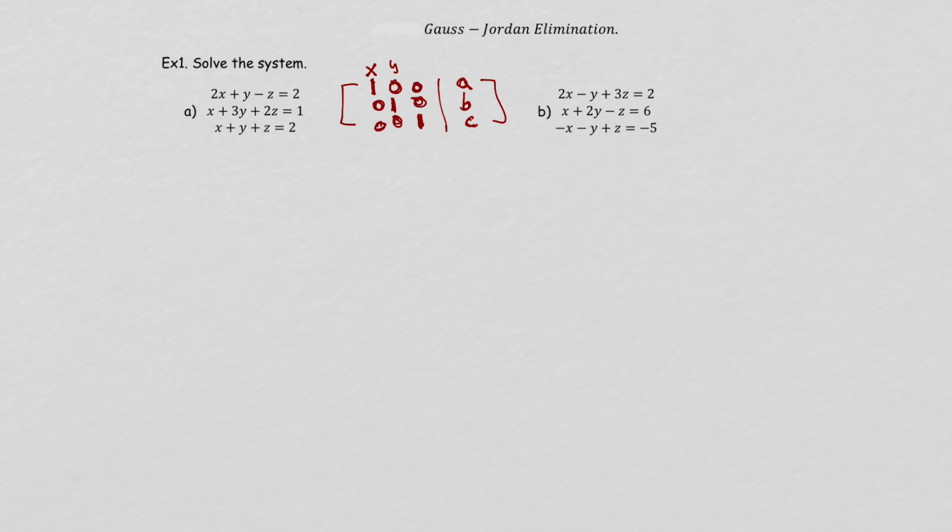And we usually start from the bottom, right? Making these 2 zeros. So this is going to be the first one, this is going to be the second 0 we want to make, and this is going to be the third 0.